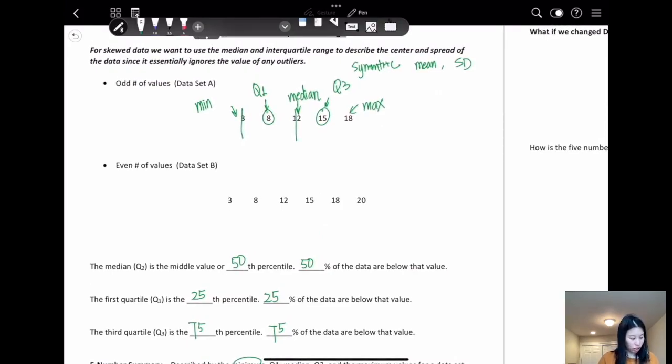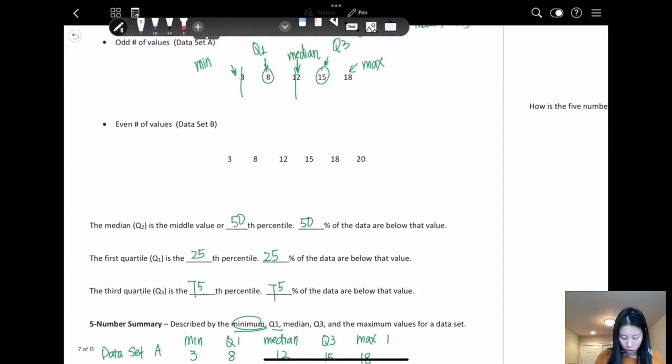So now take a look. Okay, so again, let's find the minimum first. After you sort the data, the minimum will be the smallest number, which is 3. Maximum is the biggest number.